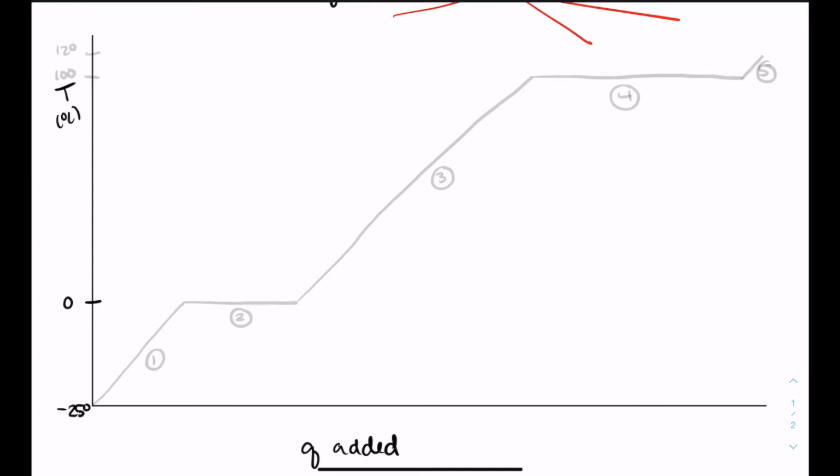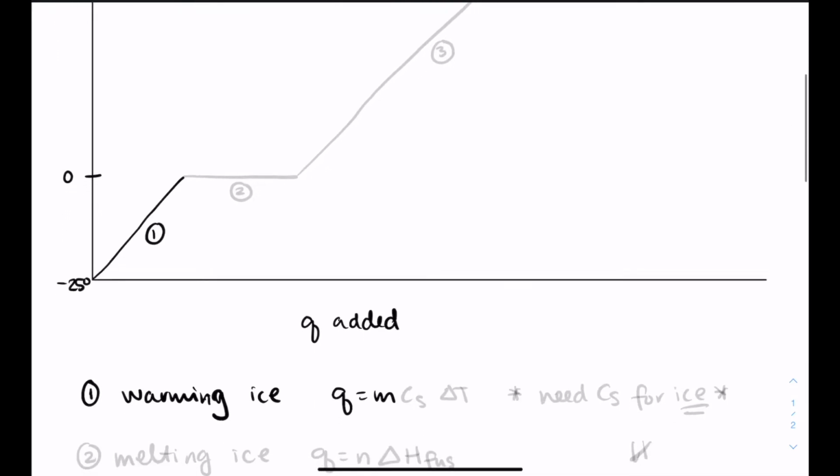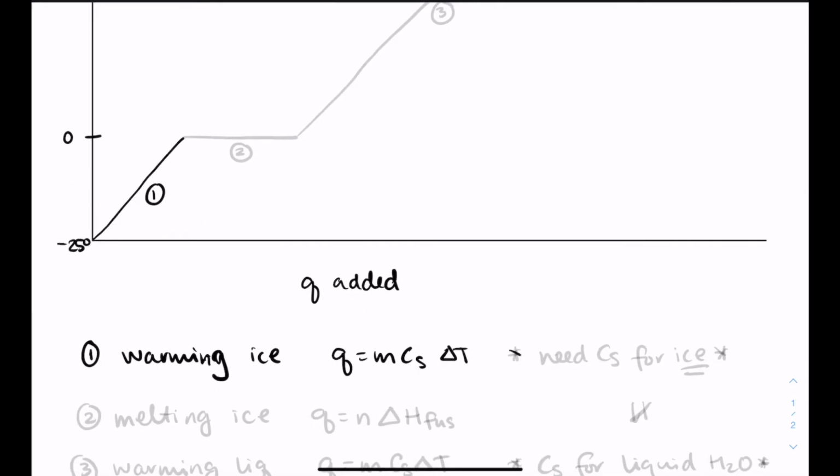So the first thing I'm going to do is warm up the ice from negative 25 to 0. It's going to be a solid the entire time. So the amount of heat that takes will depend on the mass and the specific heat capacity. So one of the constants I will need is the specific heat capacity for ice, because I will have to use that specific heat capacity.